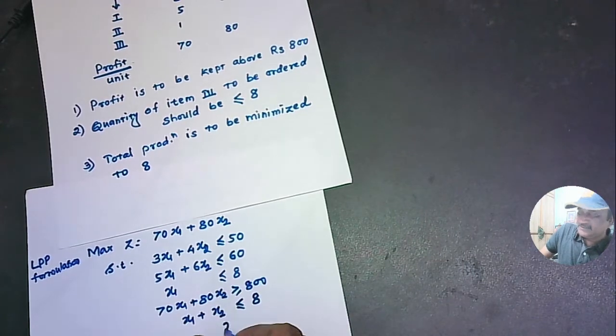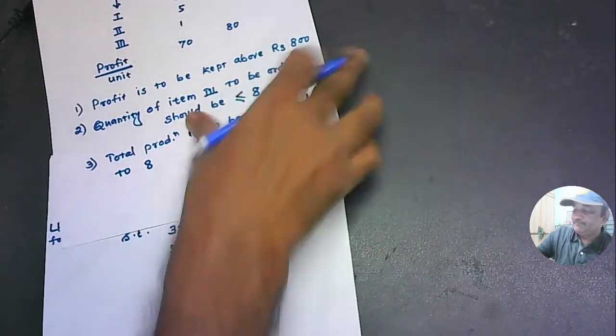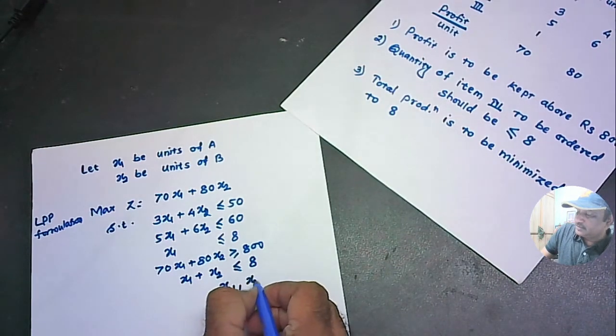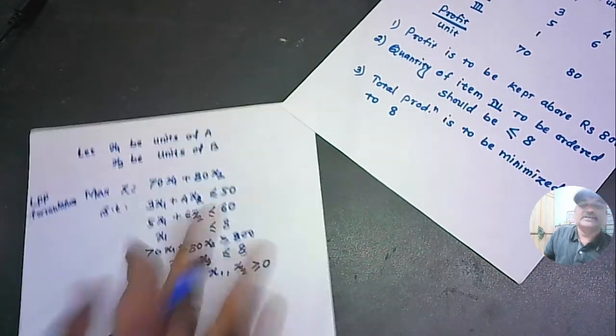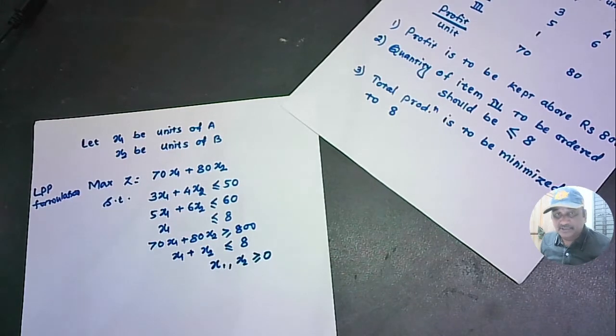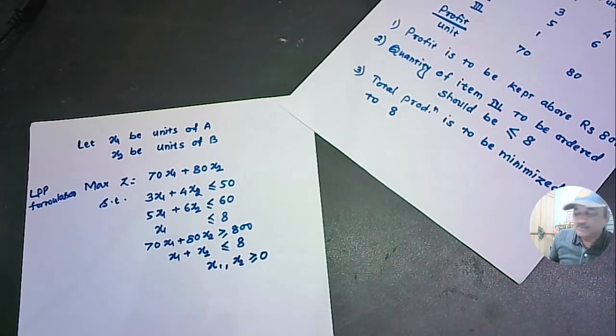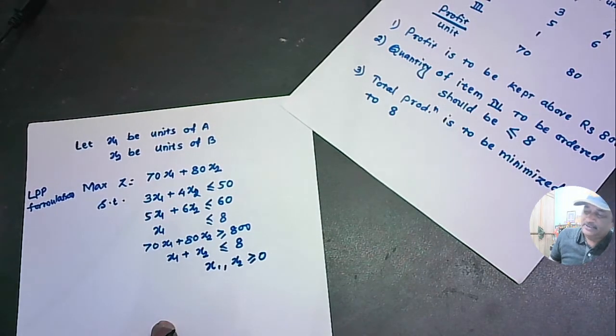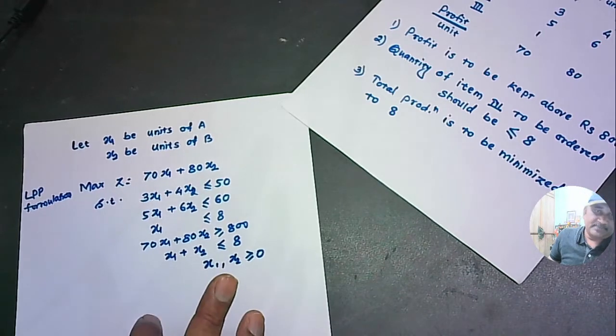And lastly, you will be writing x1, x2 greater than or equal to 0. This is the LPP formulation. What this will do is help you find the number of units of product A and product B to be produced so as to maximize the profit.